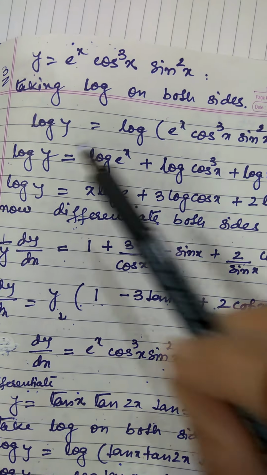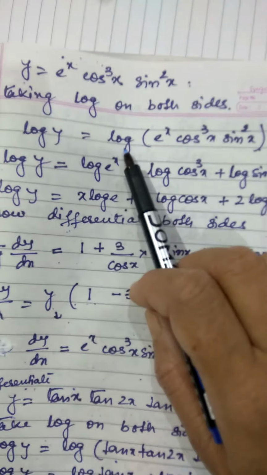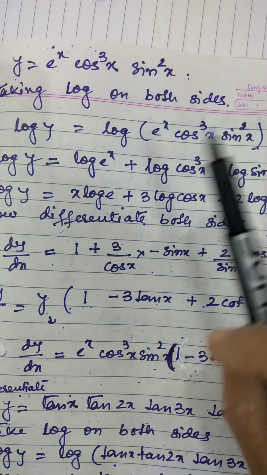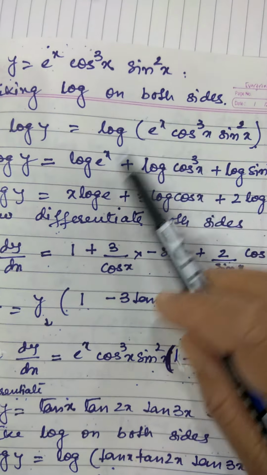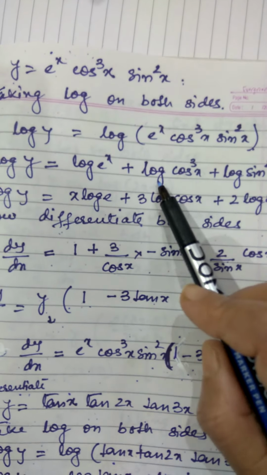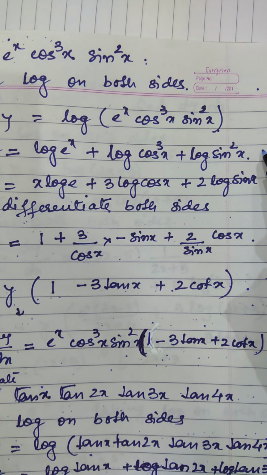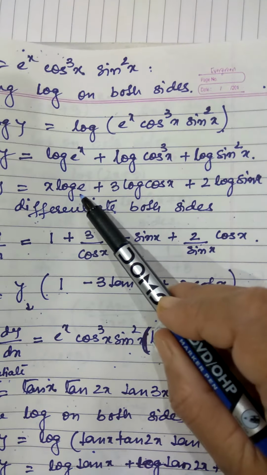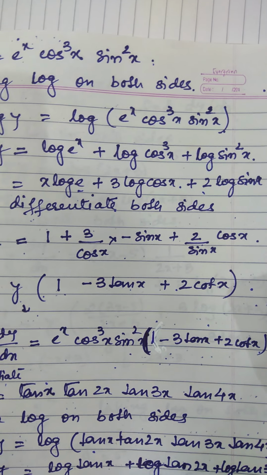So again we are taking log on both sides. So log y is log of e raised to the power x cos cube x sin square x. Now this will reduce to a sum: log e raised to the power x plus log cos cube x plus log sin square x. Again, this is x log e plus 3 log cos x plus 2 log sin x.